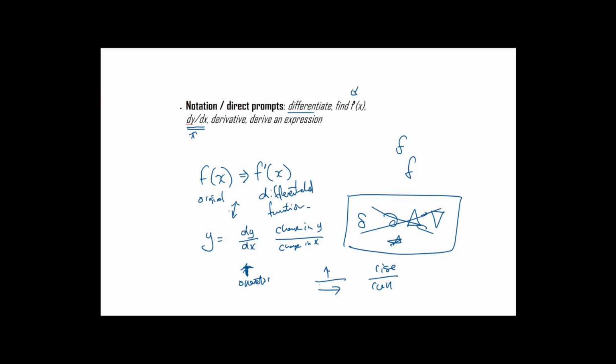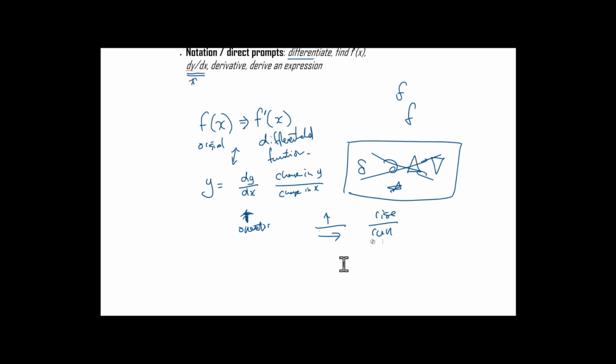Again, stick with d. If they give it to you in d, don't get fancy, don't try to be clever, stick with that. One that you may see though, having said that, you may see change in x over change in y. That means an observed change.